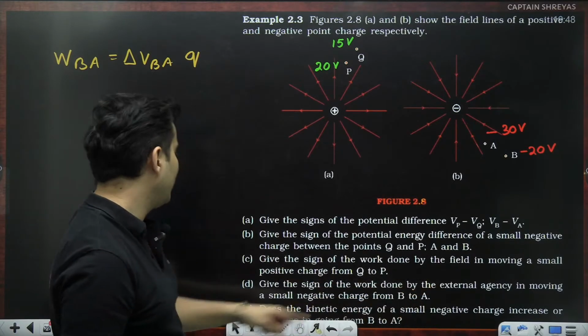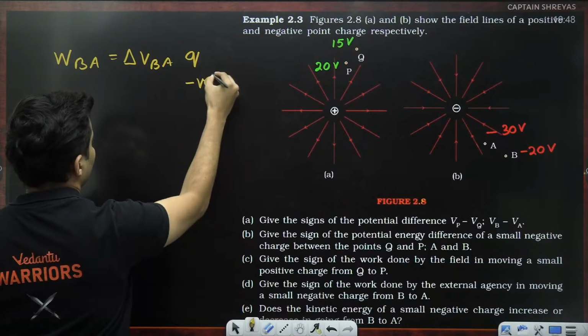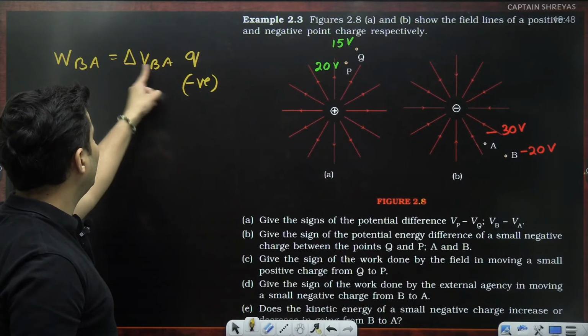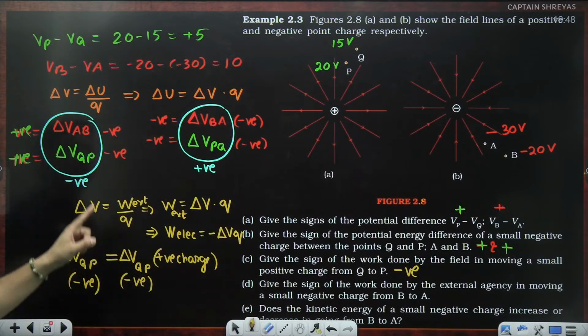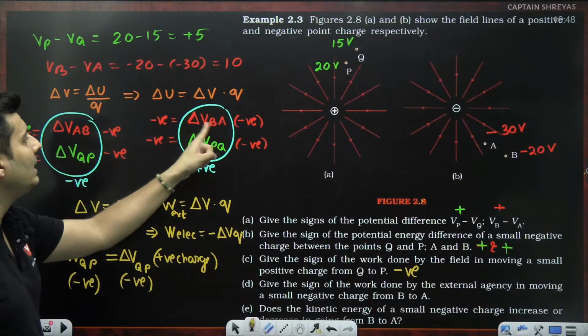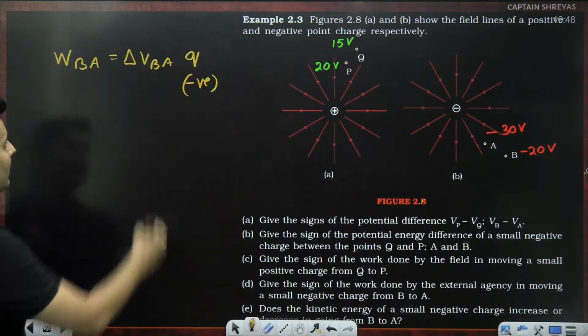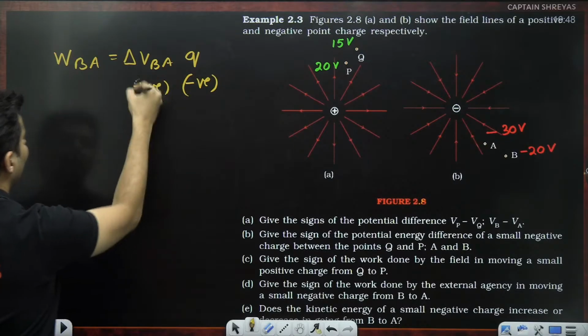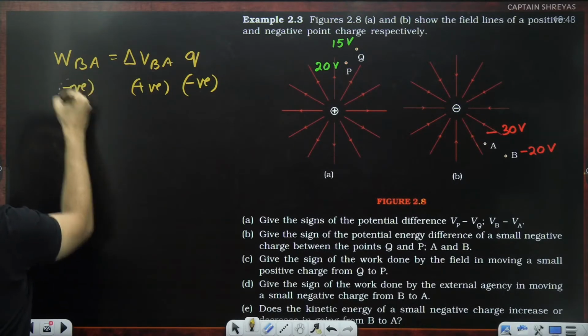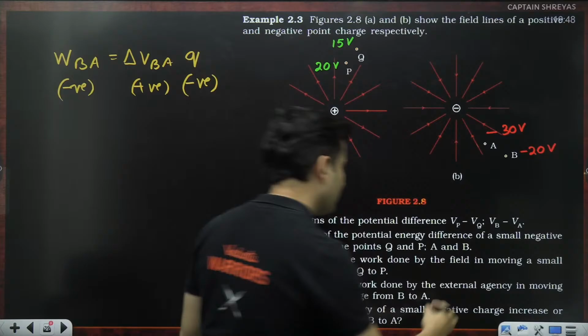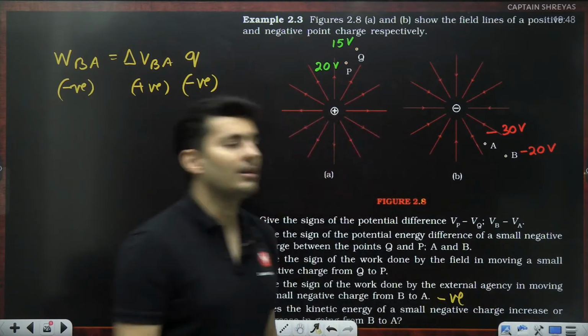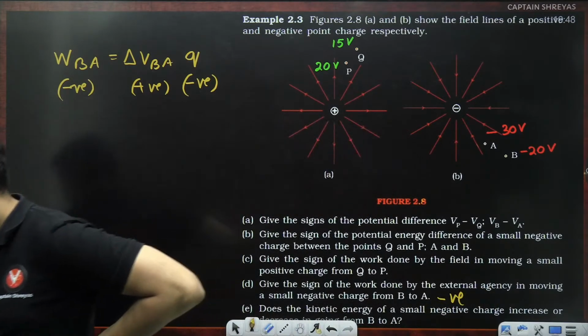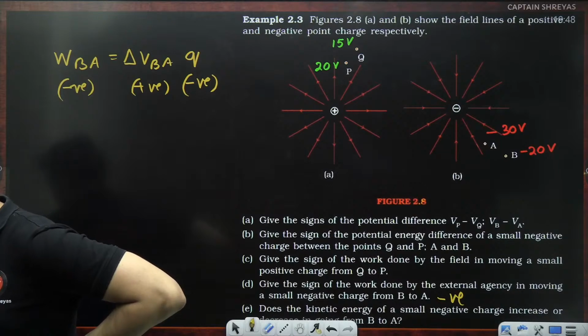In moving a small negative charge, this is negative. What is delta VBA? Delta VBA is positive. Hence, this will be negative, guys. Is that absolutely clear? See if you guys are understanding this concept.